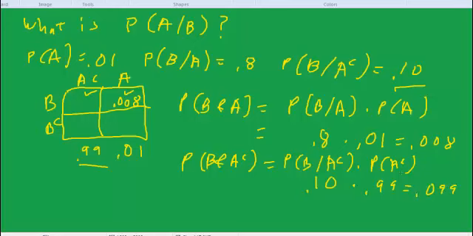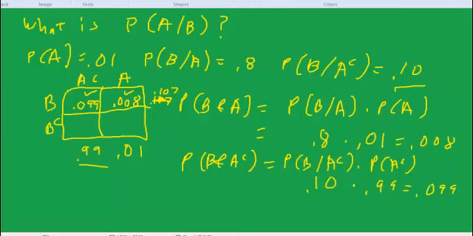So we have a 0.099 there, which means if we add this up, I think we get something like 0.177? Maybe 0.187? No, it's 0.107. Is that right? Yeah, 0.107. Sorry about that. Okay, so we have that.